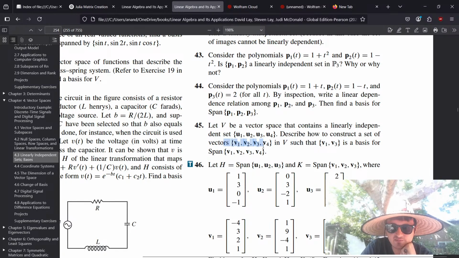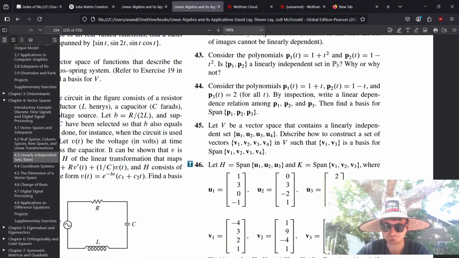I think you just add a couple of degenerate columns, right? So let's just say v2 is equal to v1 plus v3, and v4 is equal to v1 minus v3.